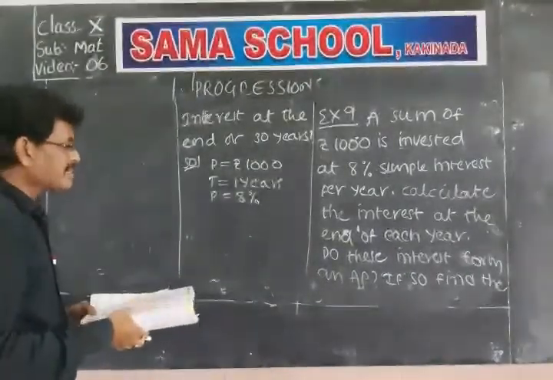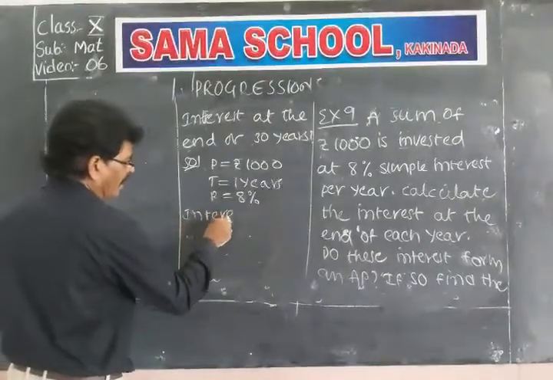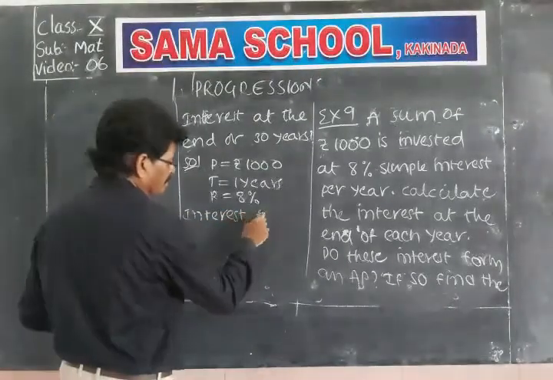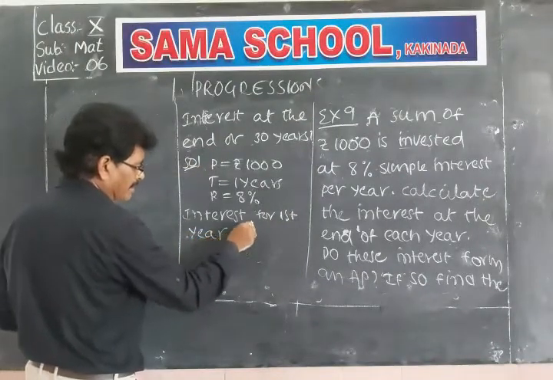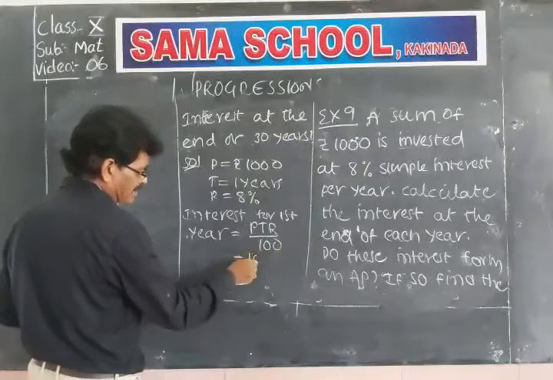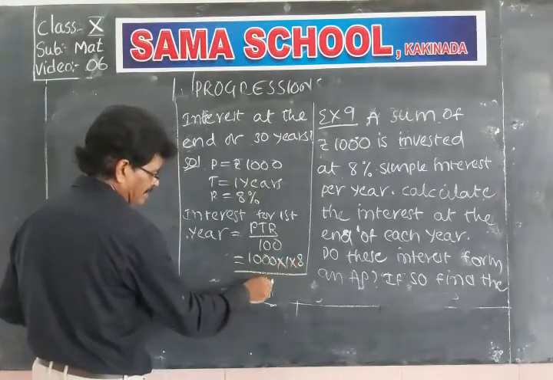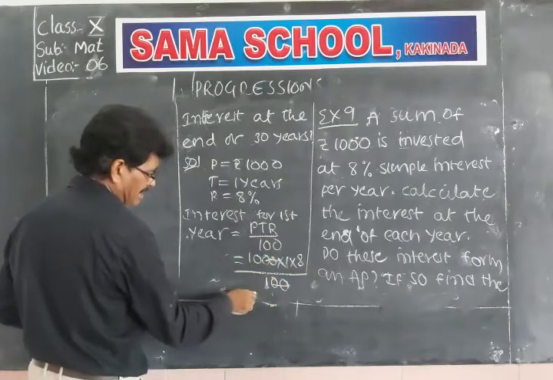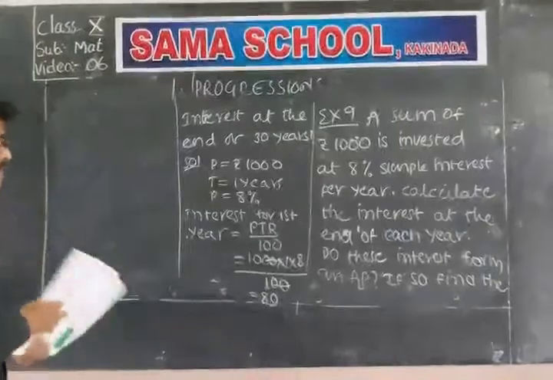First of all, interest for the first year. What is the formula? I is equal to PTR by 100. Here the principal is 1000 into time 1 year, rate 8% by 100. Zeros cancel, 80. It is for the first year.